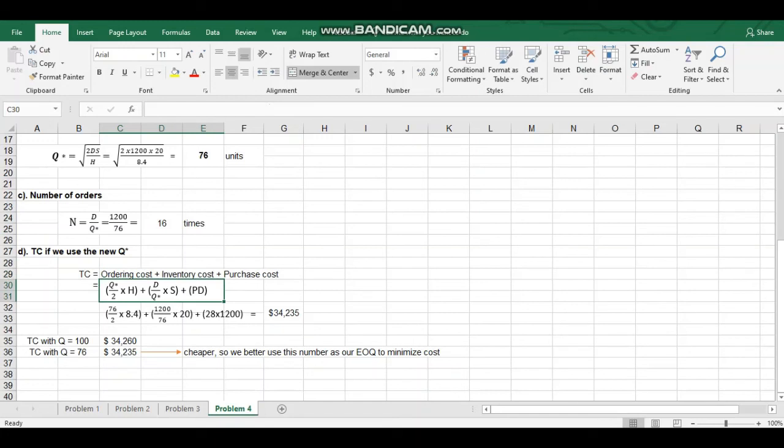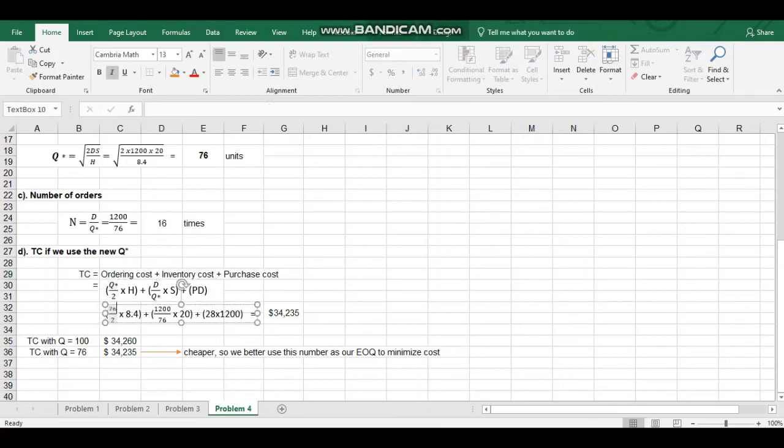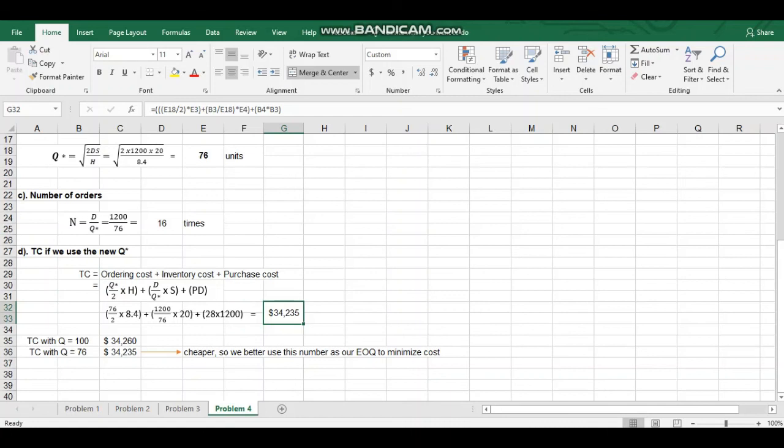Still using the same formula, but the difference is that in Q star we're not using 100 anymore, but the new EOQ, which is 76. The rest of the components still have the same numbers. The difference is just in Q star, changing the 100 to 76. And now we have $34,235 as our total cost.